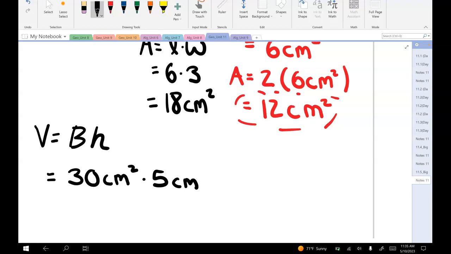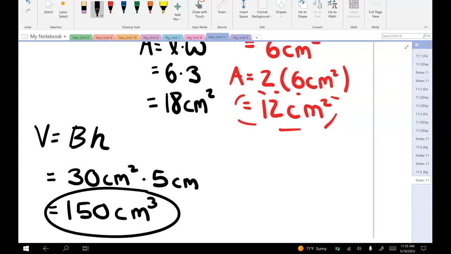So this would be 150 centimeters cubed then for the volume of this prism. We get this from 18 plus 12, in case you missed that part. All right, we'll keep going.